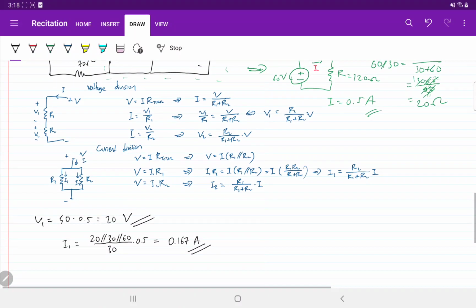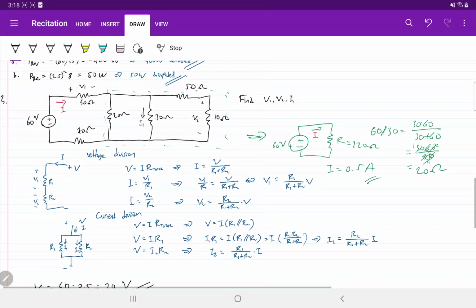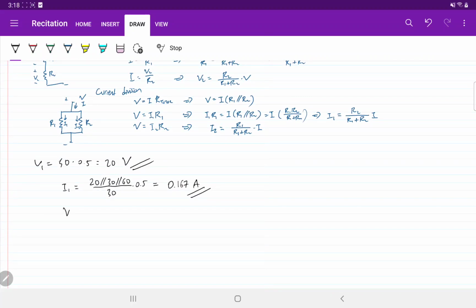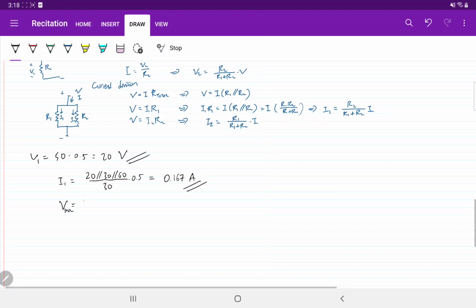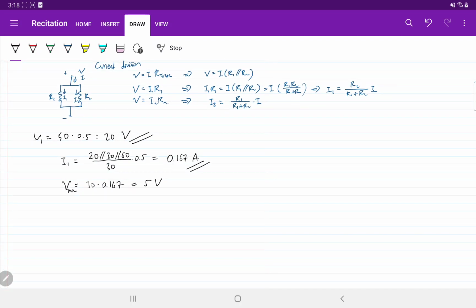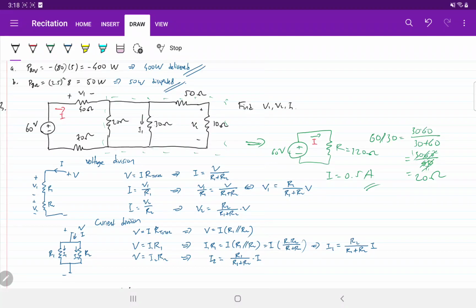The last question here is, what is V2? To compute V2, we need to compute the voltage at this 30 ohm resistor. So V at 30 ohm is 30 times 0.167, which is 5 volt. Okay, we know that the voltage here is 5 volt. To find V2, we need to apply the voltage division.